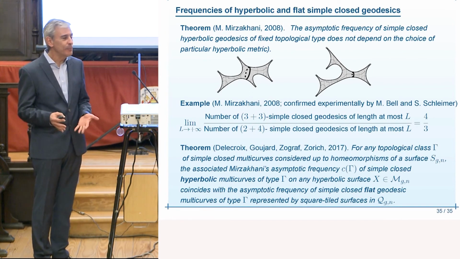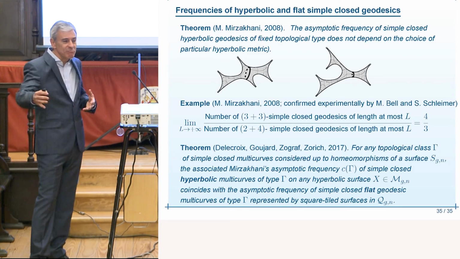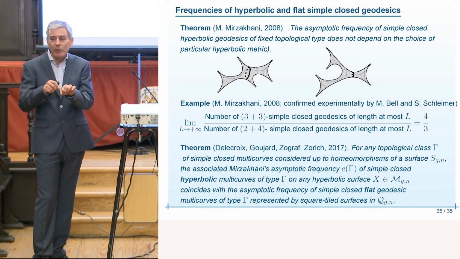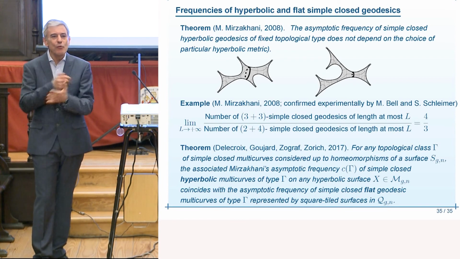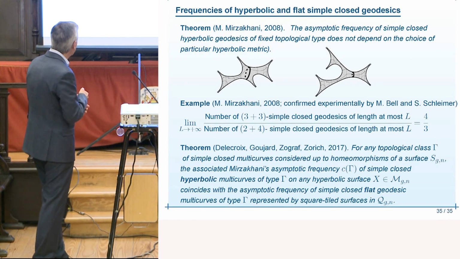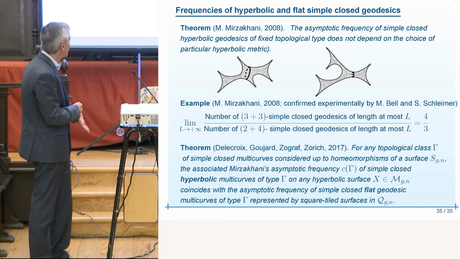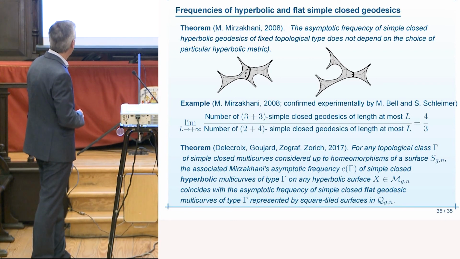For me, it's completely astonishing, because you can deform the surface enormously, right? You can create very narrow bottlenecks and very long hyperbolic cylinders. There is plenty of room for deformations, and still, no matter what the particular hyperbolic geometry of the surface is, the corresponding ratio is one and the same for all hyperbolic surfaces in this family, and it is expressed exactly in terms of the numbers as before.